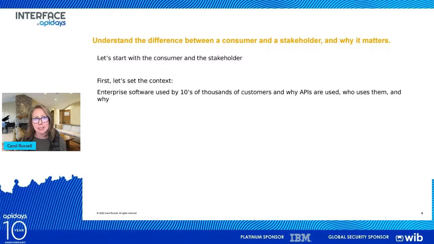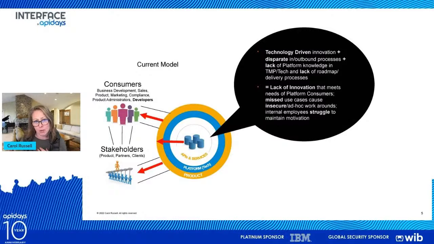So how do we make it easy for them to do that, and how do we make it easy across our suite of products, not just one or two? That's really hard, because if we deliver our org chart, it makes it really complicated if we're not looking across the products or taking the consumer or the stakeholder in mind. I'm going to show you just a really brief example of what I would call current models that I have seen across a few different companies where I have worked.